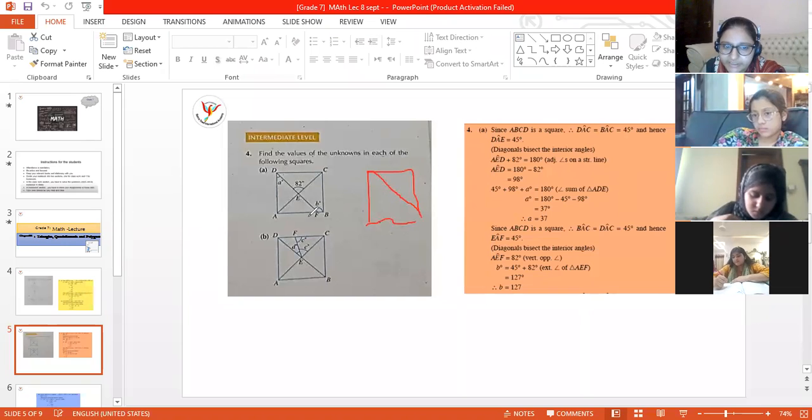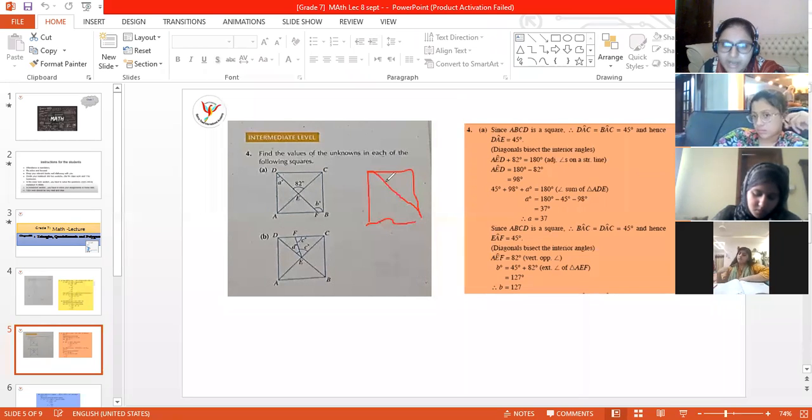If you can see D and F, this is not a diagonal. Is this clear that DF is not a diagonal? It is just a line which is intersecting the points, but AC is a diagonal, right?